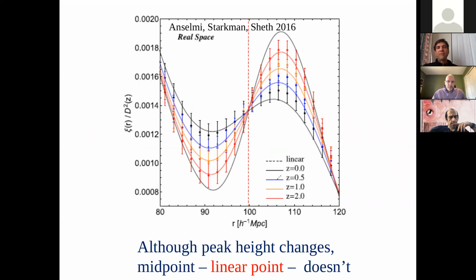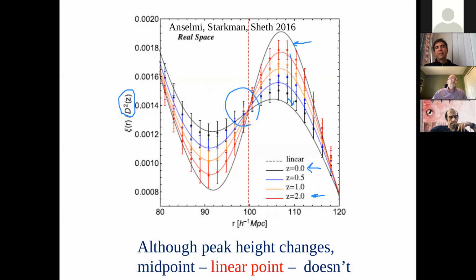And so about 5 years ago, Stefano Anselmi made measurements in a simulation where he found, if he was looking at the dark matter correlation function at different times, redshift 2 down to redshift 0, if he scaled the correlation function by the linear theory growth, then he found that the linear theory correlation function is gradually getting smeared as particles move more and more down to redshift 0, okay?